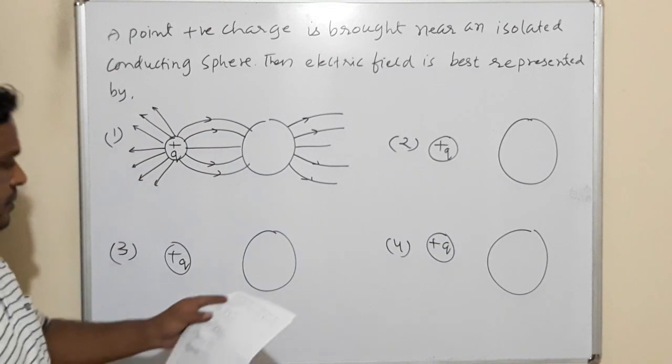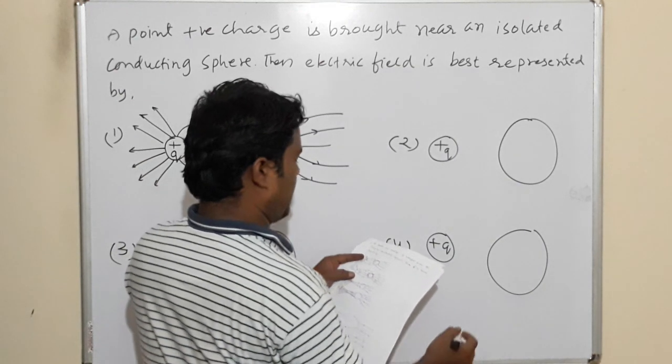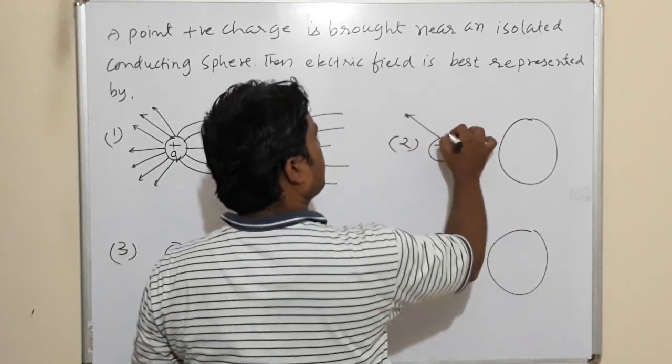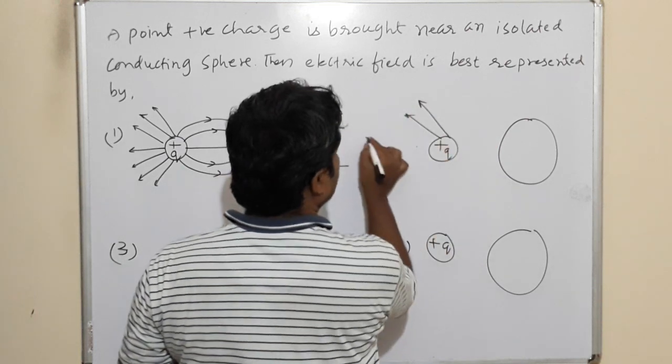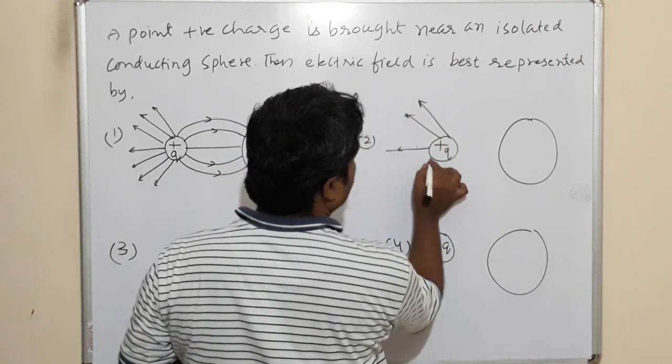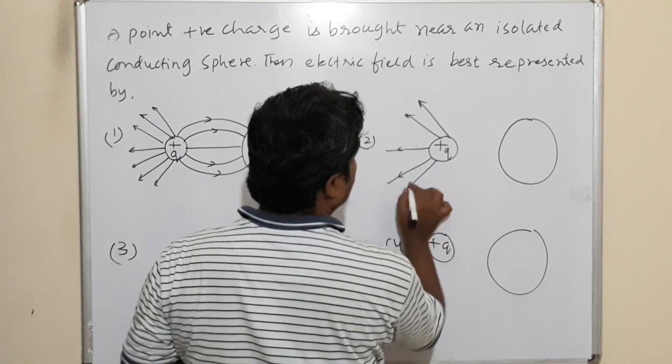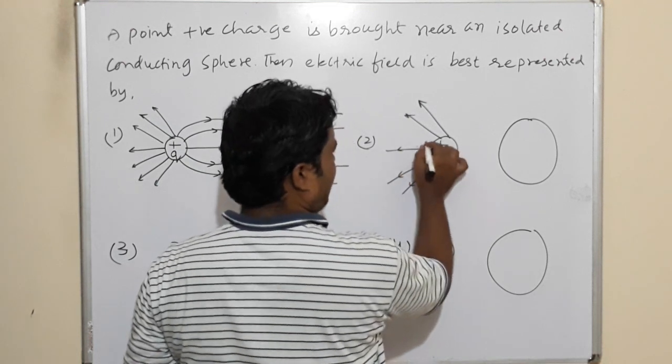This is one. Another representation is like this. This is a very small charge.